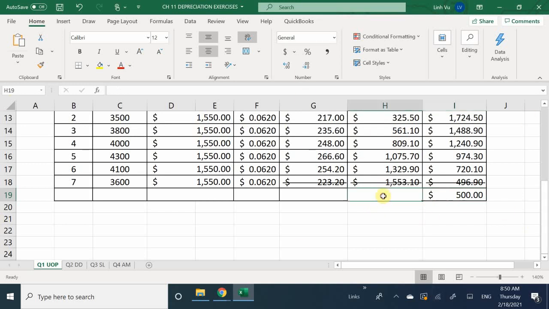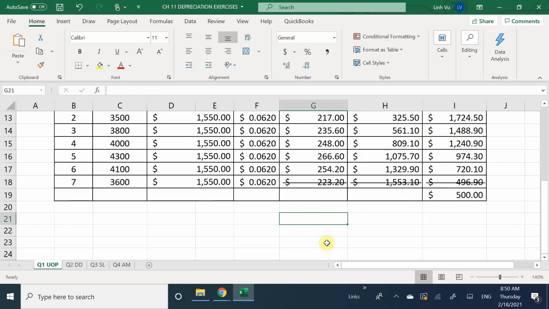What's my formula? Let's start with the formula. How do I solve for book value? Cost of asset less accumulated depreciation. Exactly.